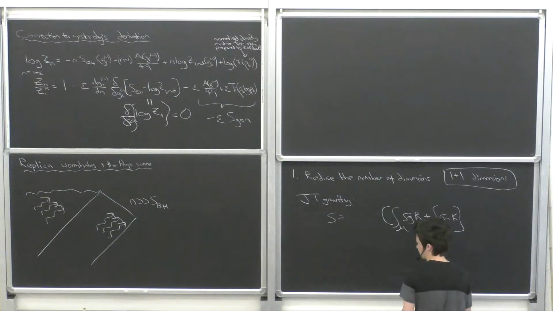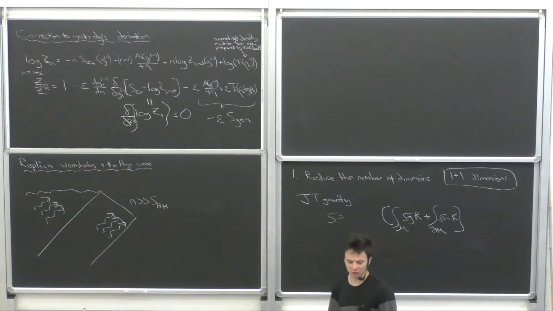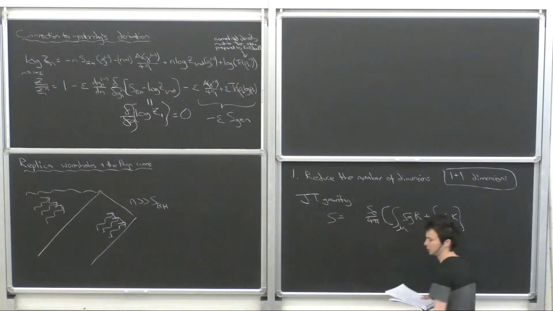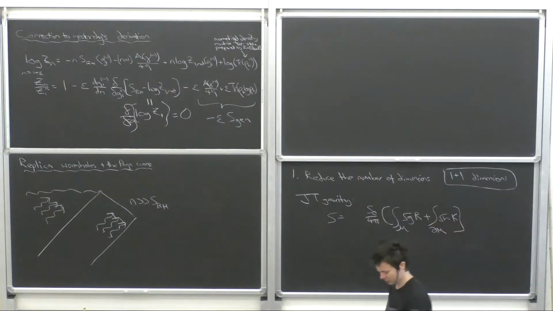And the prefactor, normally we'd call 1 over 16 pi G or whatever, but in this case, for reasons that will become clear later, it's more normal to call it S naught over 4G. Okay?